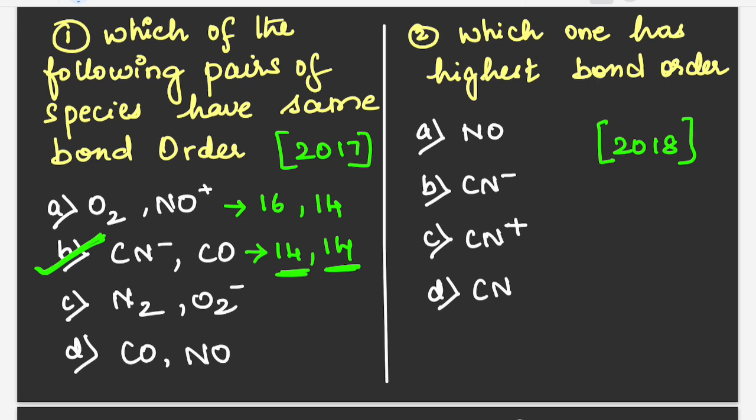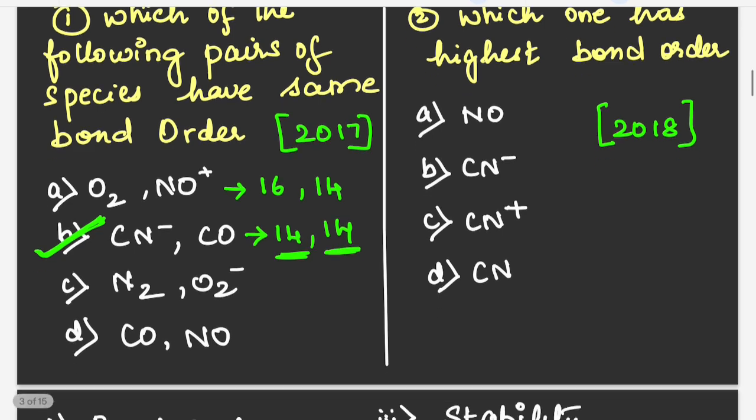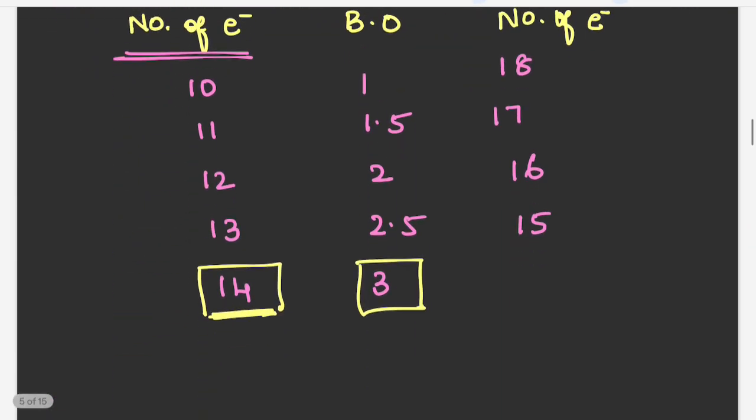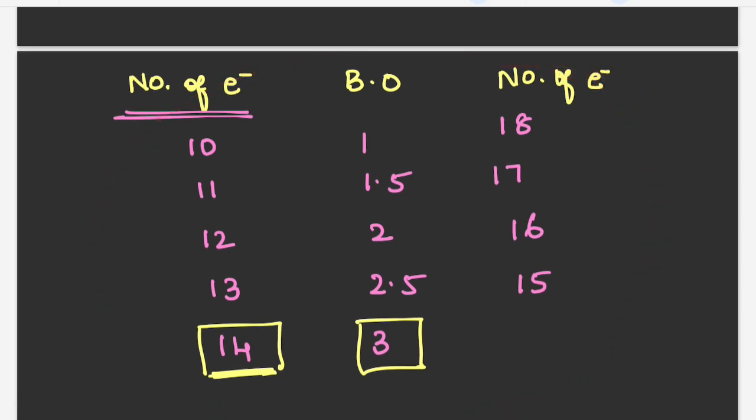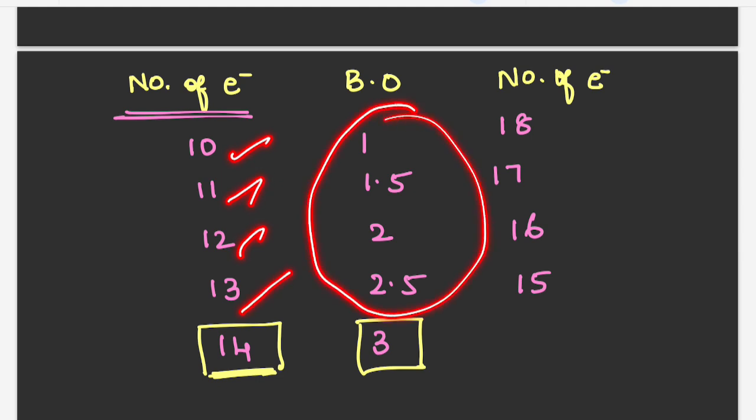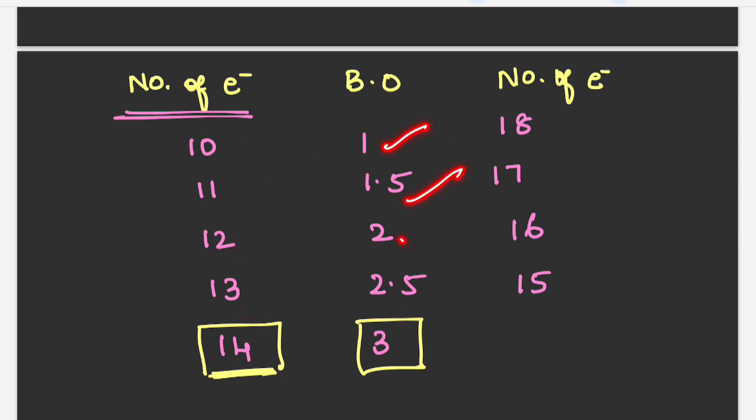Now the second question: which one has the highest bond order? The same way, first find the total number of electrons. After you find the total number of electrons, use this trick. It is easy to remember. See, from 10, 11, 12, 13, just increase by 0.5: 1, 1.5, 2, 2.5, 3.